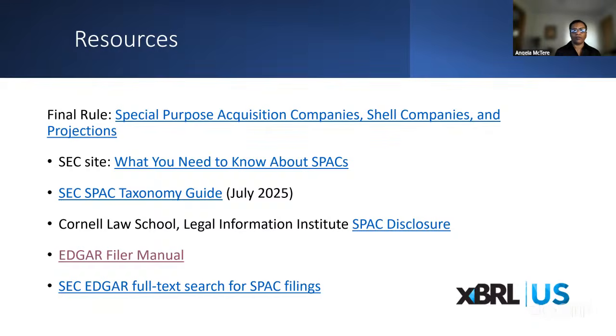It's going to help you with some of the process elements, the technical elements, going through and setting up your submissions, and then the SEC EDGAR full text search for SPAC filings. So you can actually log into the SEC site, search for SPAC filings, and get an idea of what the order of filings looks like. You can take a look and see how those filings are set up and actually use that as a guide.